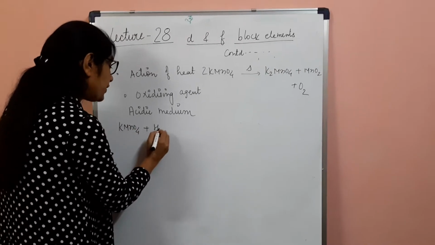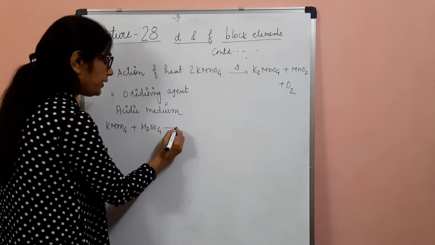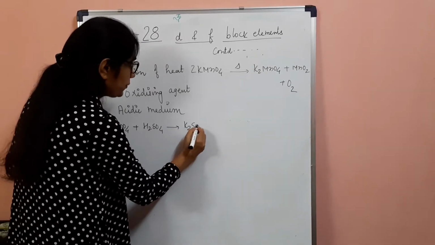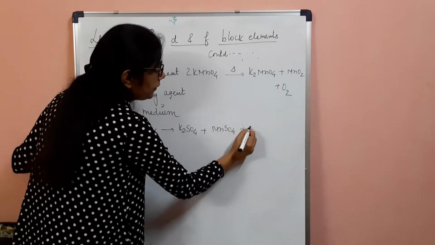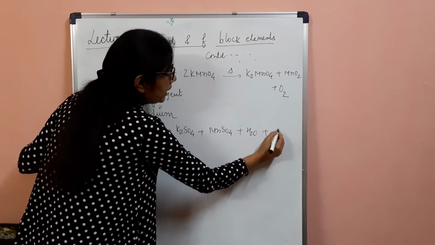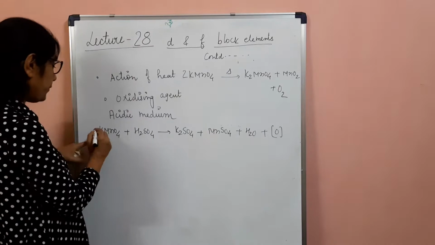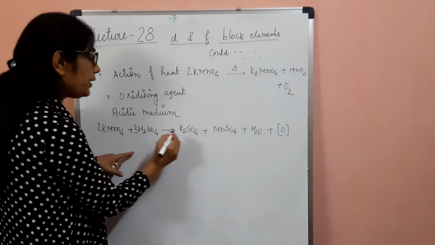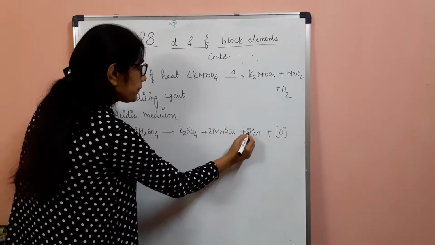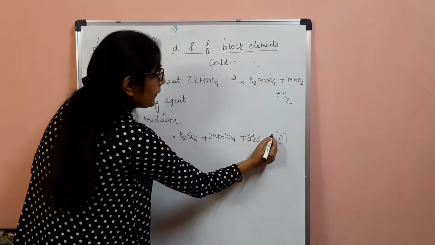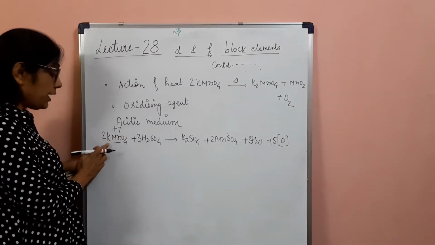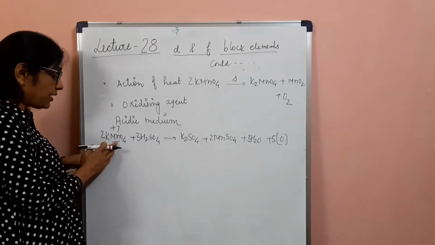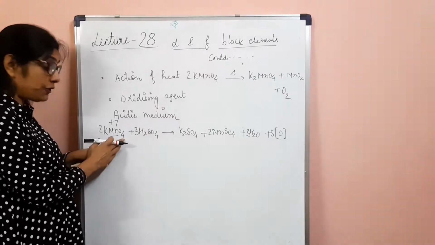So in acidic medium, when it reacts with sulfuric acid, it gives K2SO4, MnSO4, H2O plus nascent oxygen. Okay, let's balance the equation. Now you can see manganese is +7 here, because 2 into +1 plus x plus -8 equals 0.